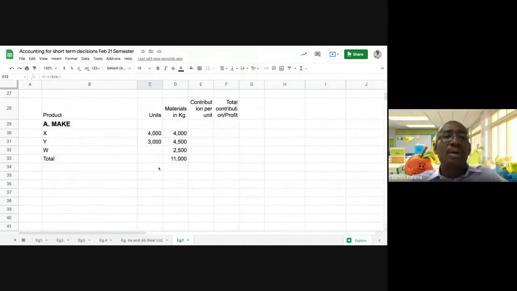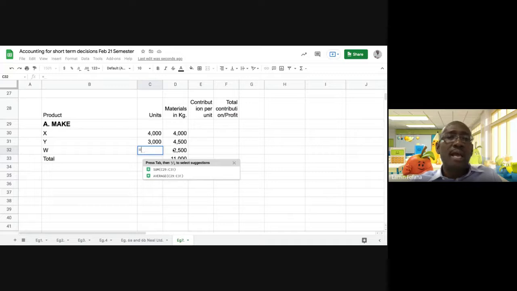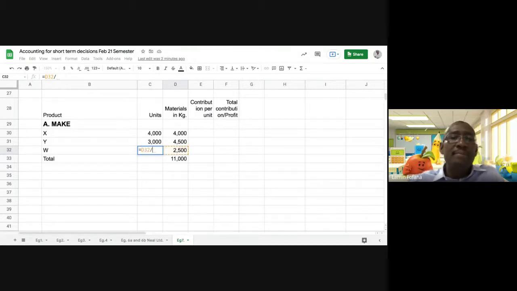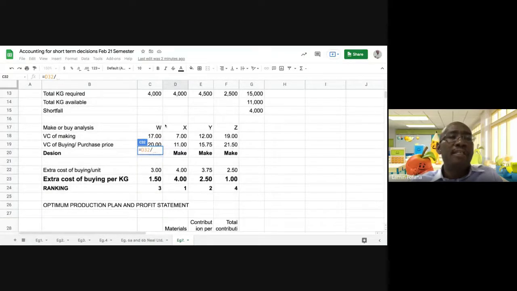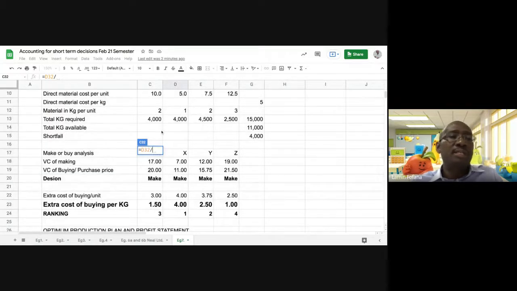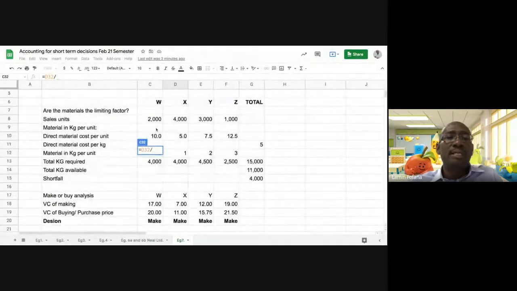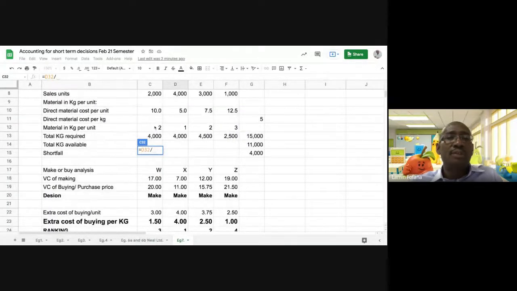Good. Okay, so excellent. So we're going to say equals D32, which is the remaining kilogram for W, divided by the material in kilogram per unit for W. Where is that? That's the first one, isn't it? So divided by C12.